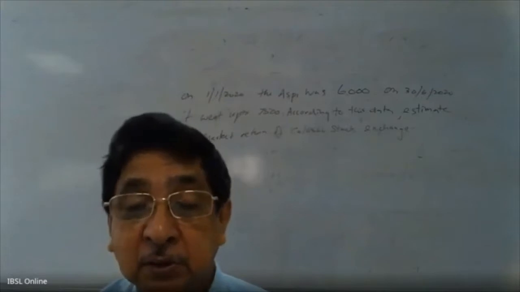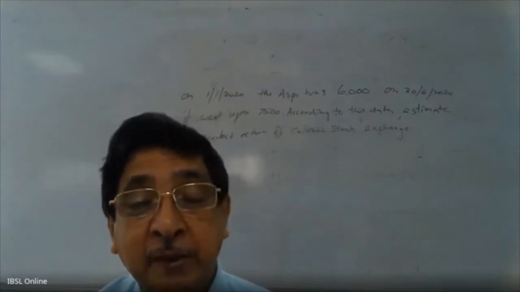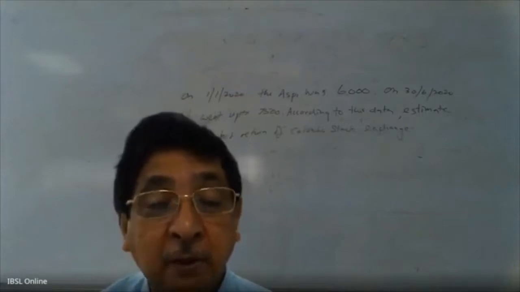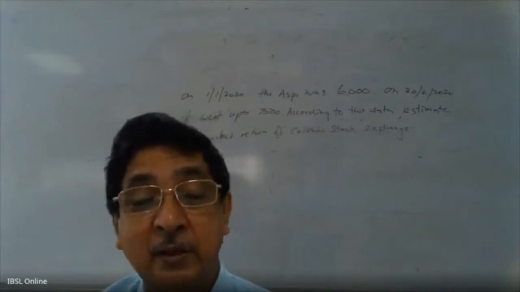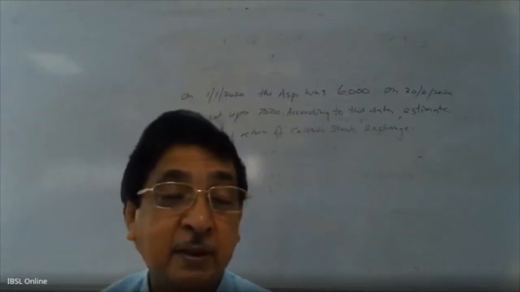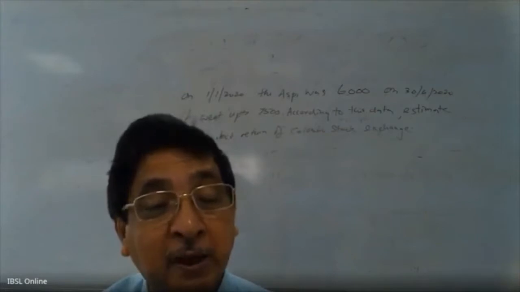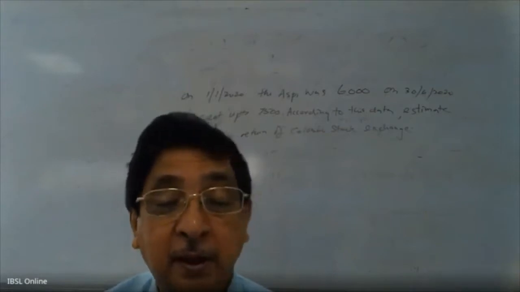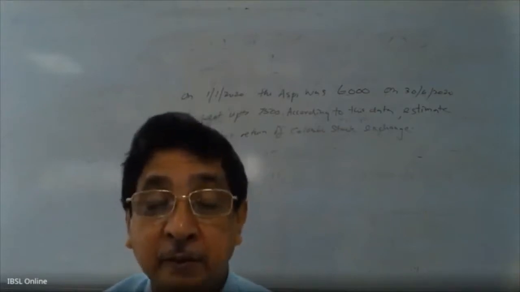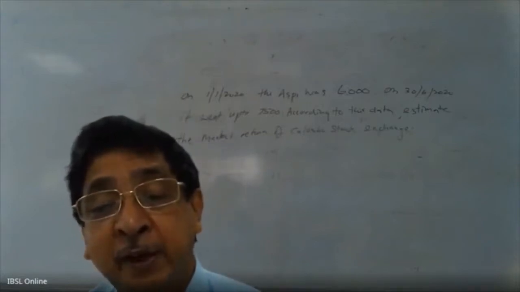If I referred to a stock, then it would have been the return of the stock, not the market. Here we have taken the index as the representative of the market, and then we do the calculations accordingly, and with that we can arrive at the market return. Yes, others also should try and get it.